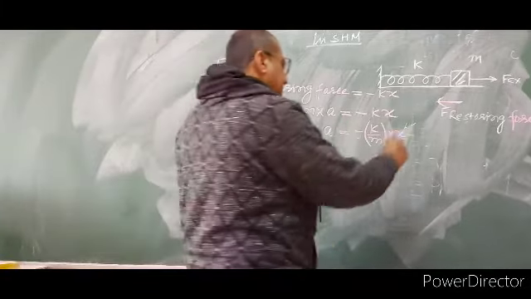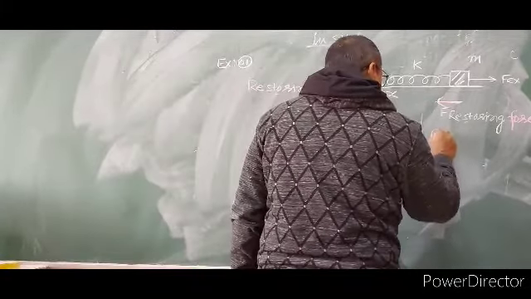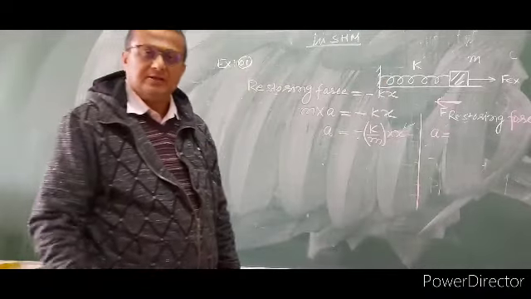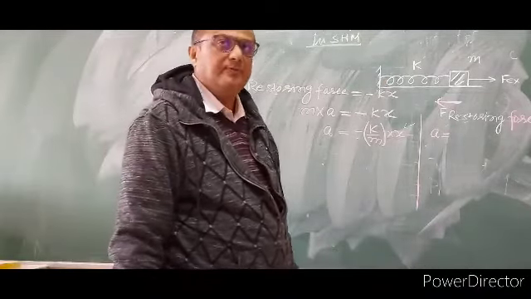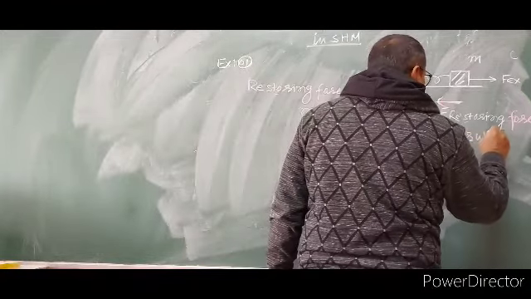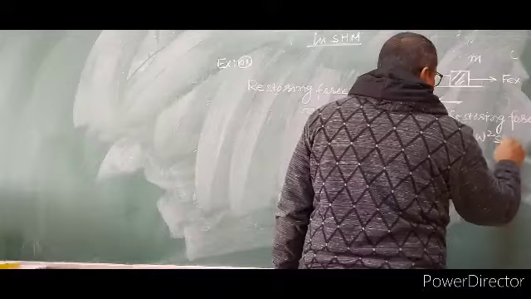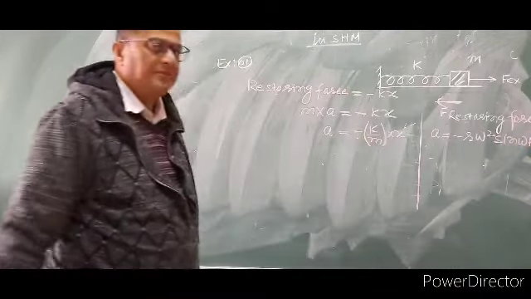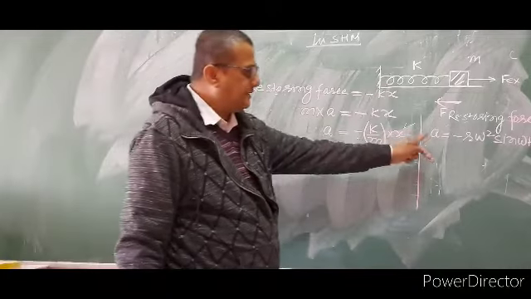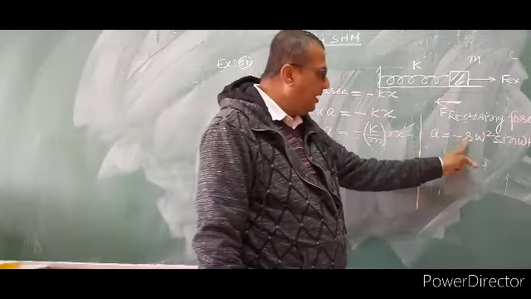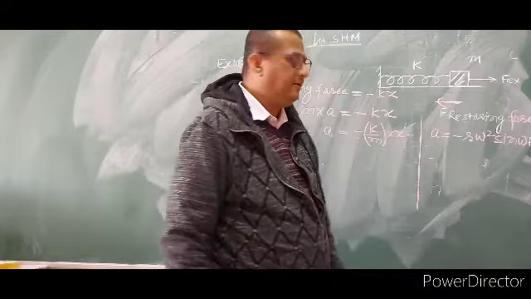We know in acceleration, in the last class, we have seen a equal to minus r omega square sin omega t. This is the concept of acceleration executing in SHM. We know r sin omega t equal to y.